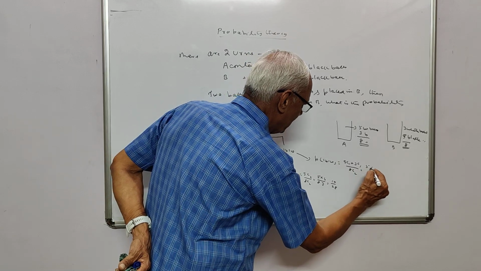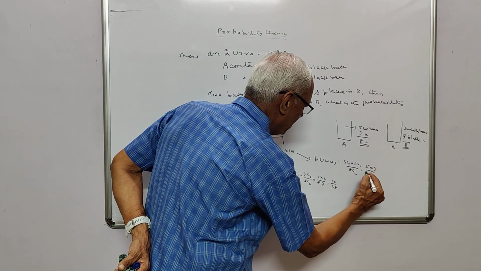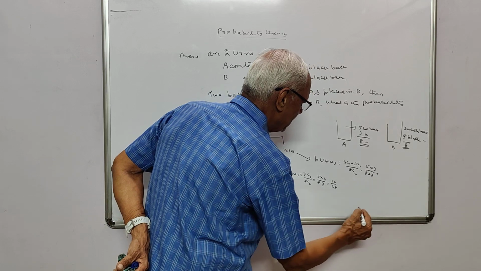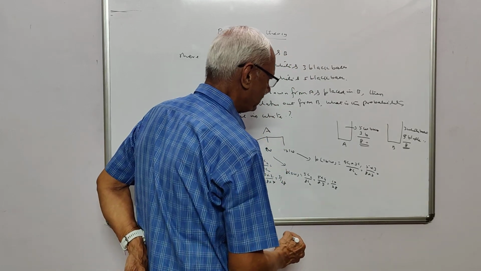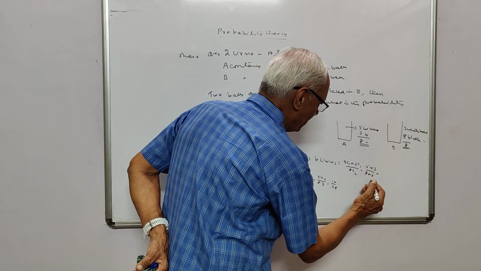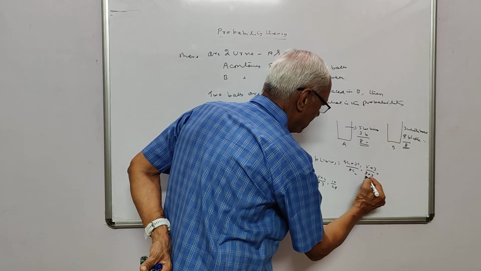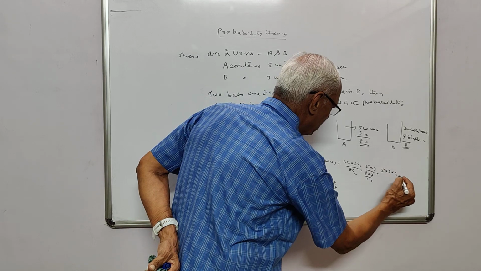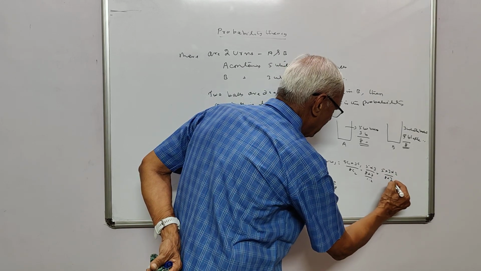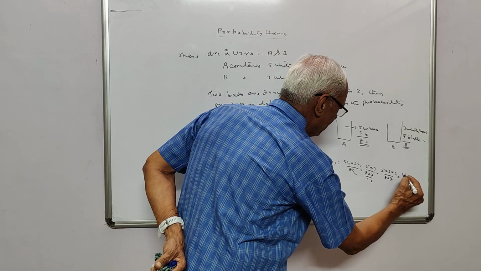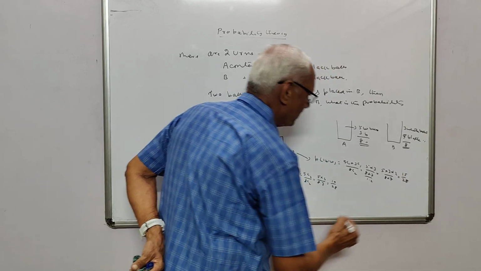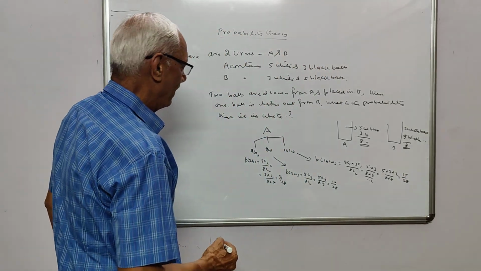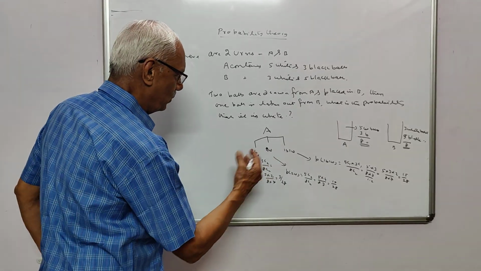So this is 5 into 3 divided by 8 into 7, and dividing by 1 into 2, that is 5 into 3 into 2 divided by 8 into 7, that is equal to 15 by 28.